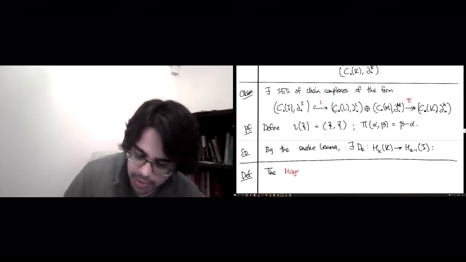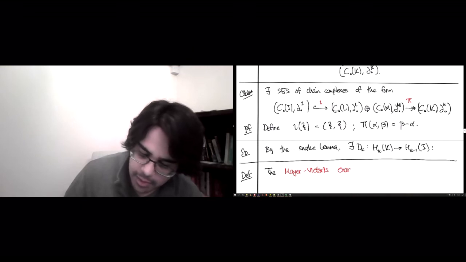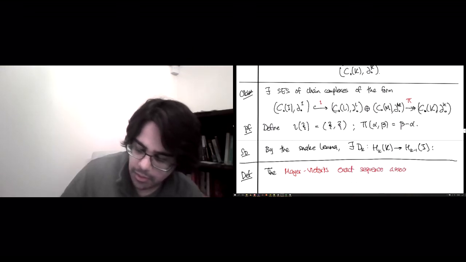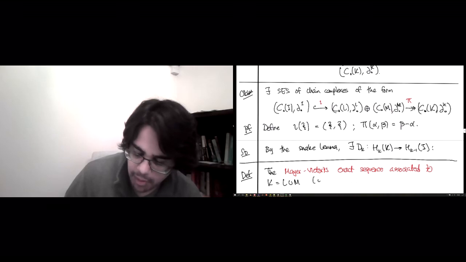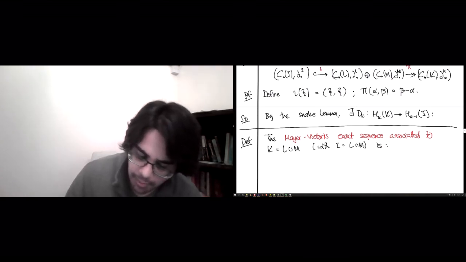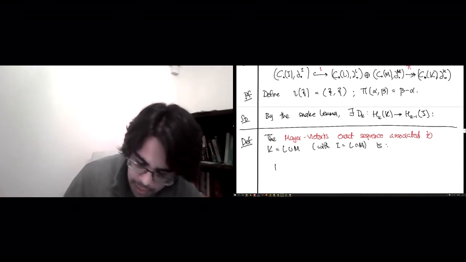The Mayer-Vietoris exact sequence associated to the decomposition K equals L union M, with I being used to indicate the intersection, is an infinite sequence.